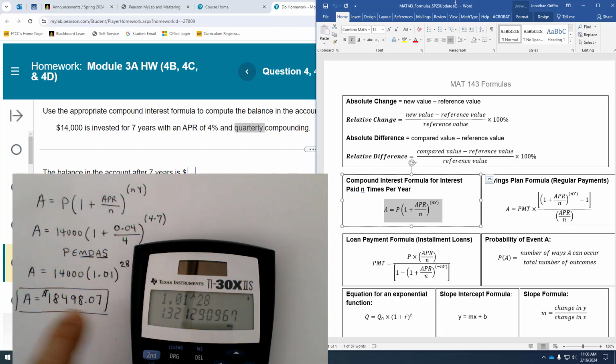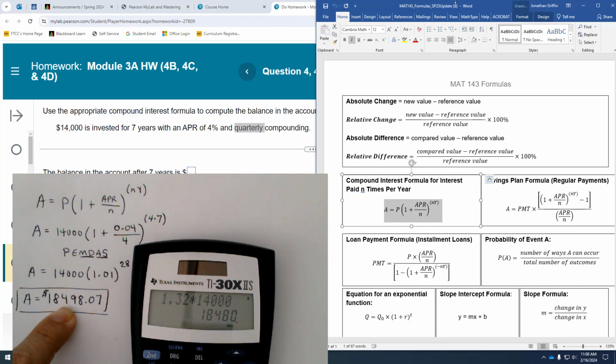This is the exact answer. Let's see what would happen if I took that and I rounded it to 1.32 and multiplied that by 14,000. Let's see how much that throws off our final answer. This is telling me this is $18,480, and that's a difference of about $18.07.